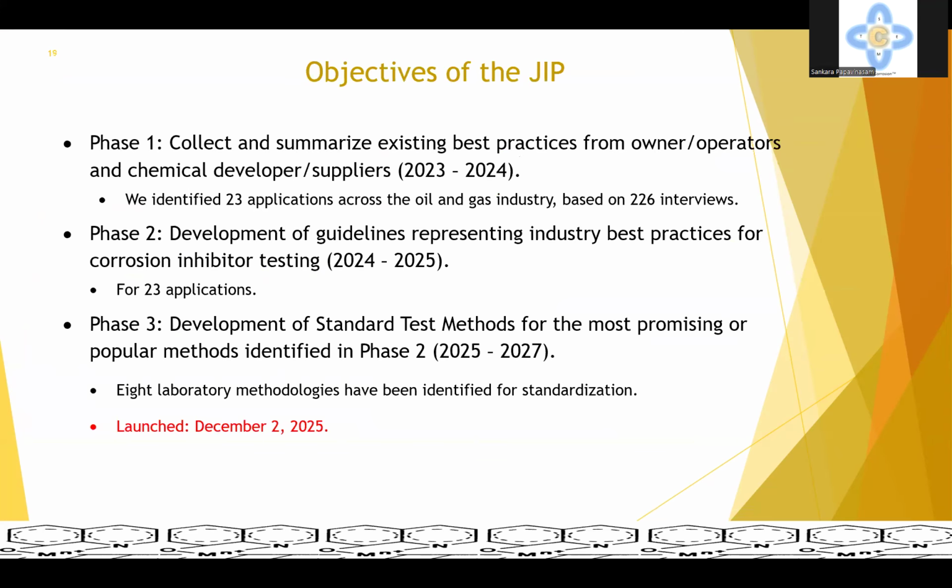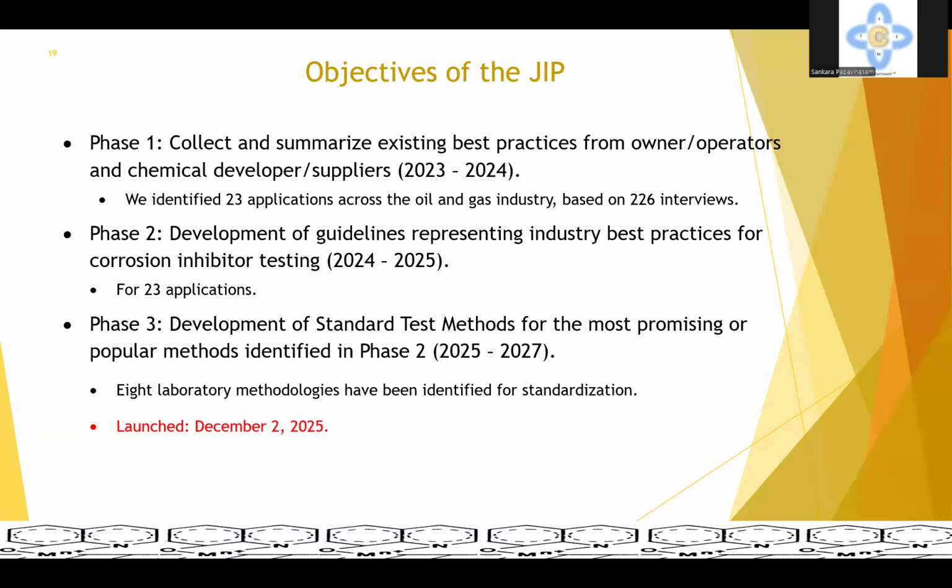And we, in fact, launched phase 3 yesterday, December 2nd. This JIP had 3 phases. In phase 1, we collected and summarized existing best practices from owner-operators, as well as chemical vendors and suppliers. And I think I interviewed almost all of you in this webinar.